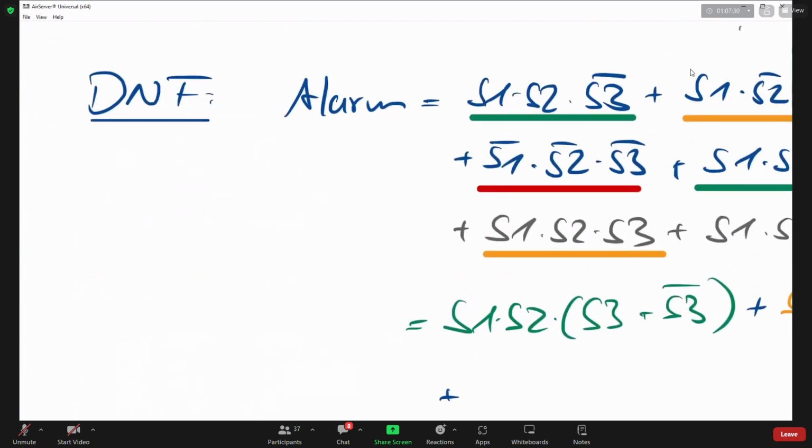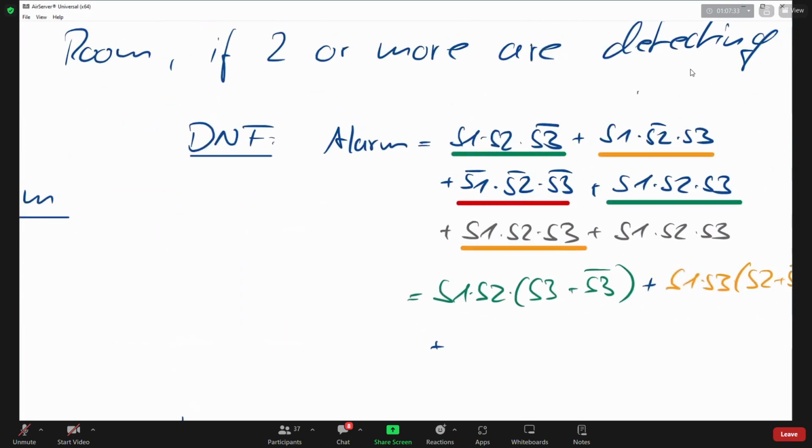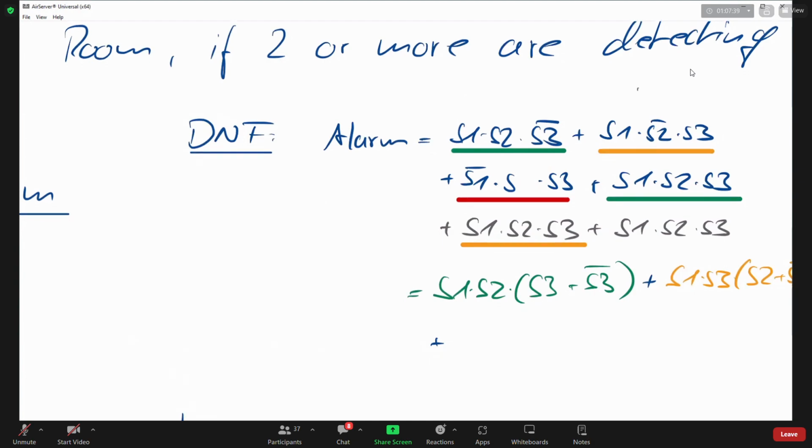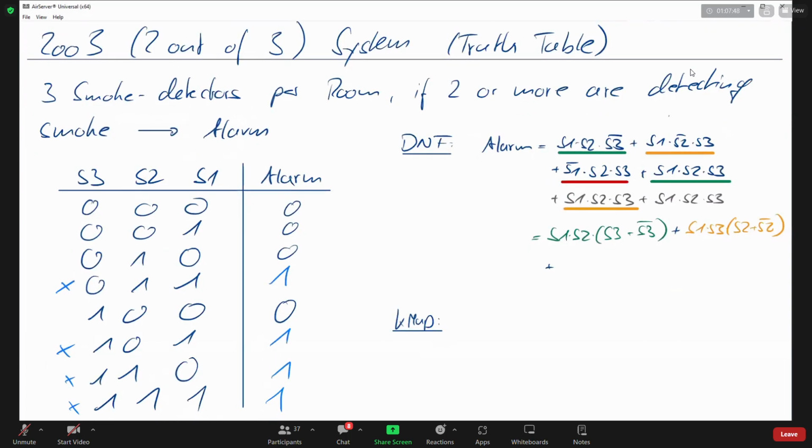What did I write here? That should be S1, S2. So S1 not or S2 or S3. So the red one is then S2 and S3 and S1 or S1 not. And I can skip each time those parts in the brackets.